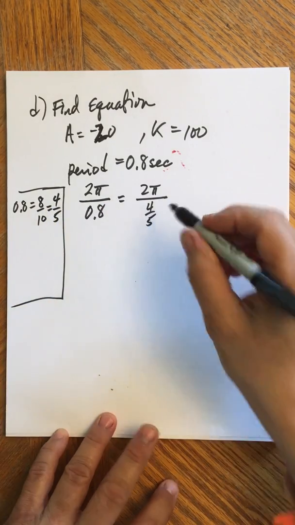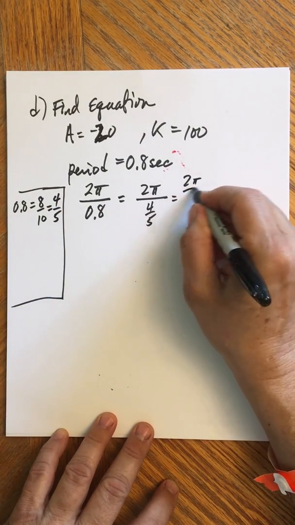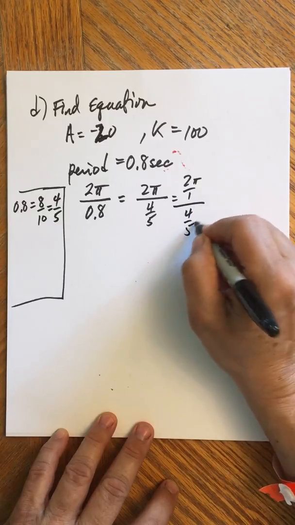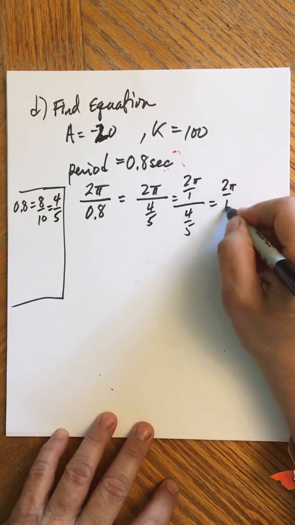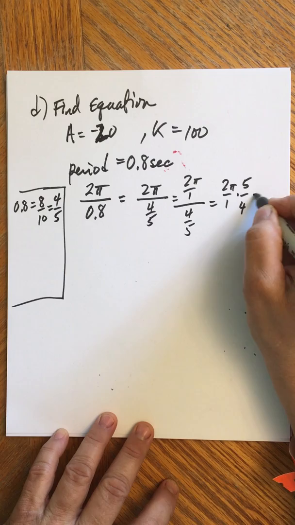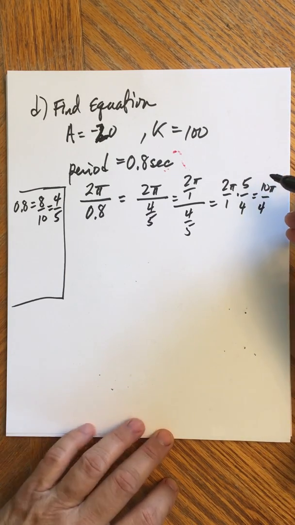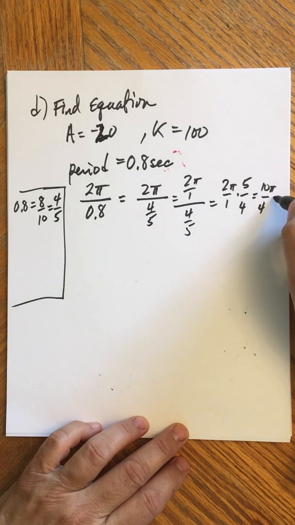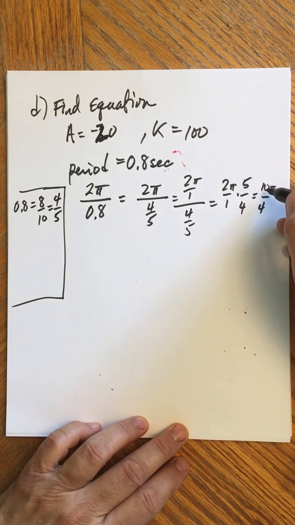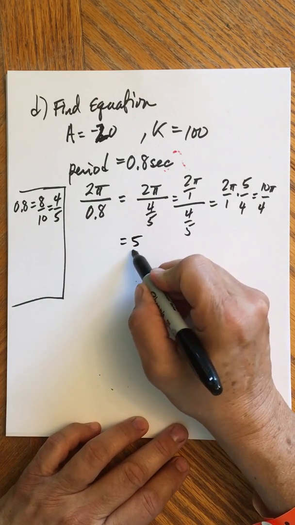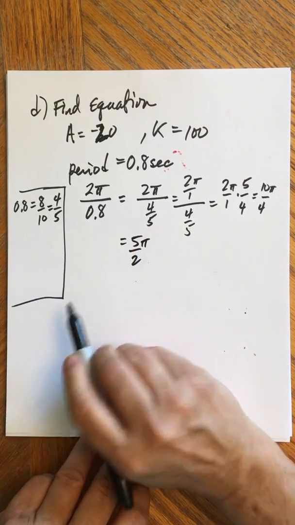So that's where we're getting that. So I'm going to do 2 pi over 1 divided by 4/5, which is 2 pi over 1 times 5/4, which is 10 pi over 4, which of course you will then reduce to 5/2. Okay, so that's B.